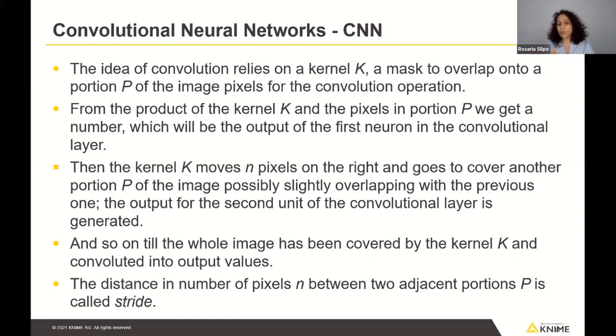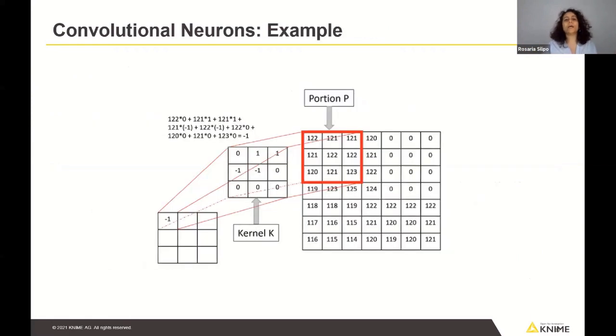Then we move to the second neuron. The second neuron moves the kernel a bit, let's say, to the right. Again, it overlaps the mask onto the new portion P of the image, calculates the convolution, produces the output, and so on. For the third neuron, the kernel gets moved a bit more. Again the overlapping, again the convolution, again the output of the neuron. So this is how the convolutional network works.